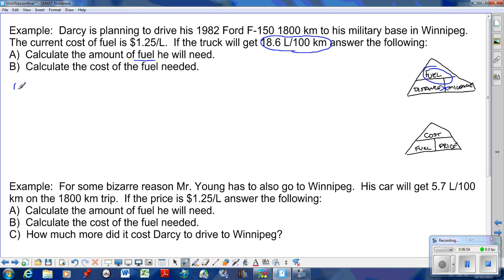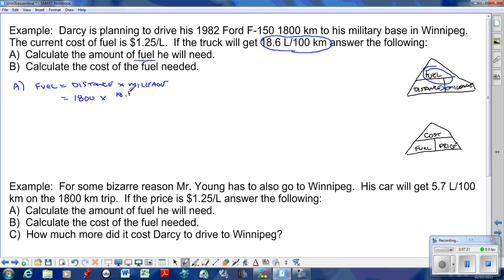So for A part, fuel or gas will equal distance multiplied by our mileage. All right, so the distance is given. It's 1,800 kilometers multiplied by that 18.6.